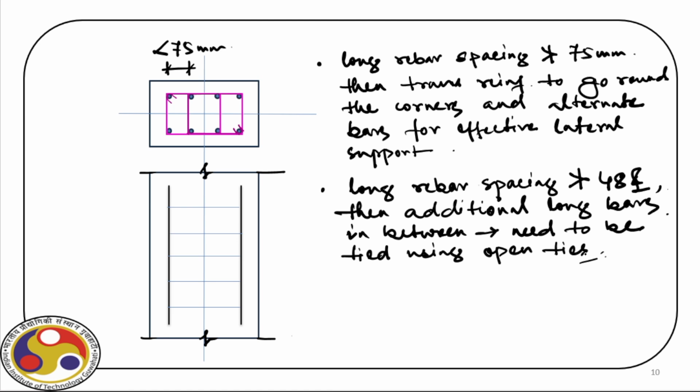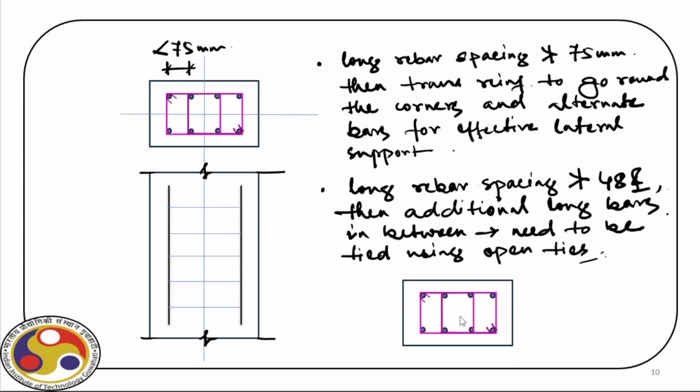So let us draw the arrangement and then it will be clear. This is the arrangement, and then we have these extremes, these bars, and this spacing is not more than 48 phi. Then we have these alternate bars, and for that we will have a tie here which will go around these bars.